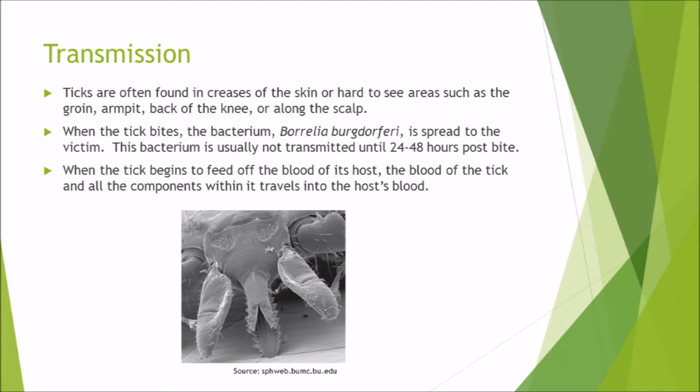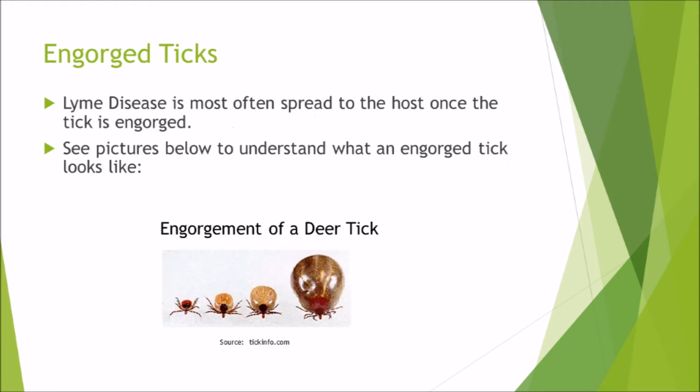Ticks like to get cozy and stay hidden. They like to settle in around the groin, armpit, back of the knee, or along the scalp. When the tick bites, it transmits the bacterium Borrelia burgdorferi into its victim. This usually happens once the tick is engorged. Here we see the pattern of the tick as it increases in size or engorges itself on the host's blood.